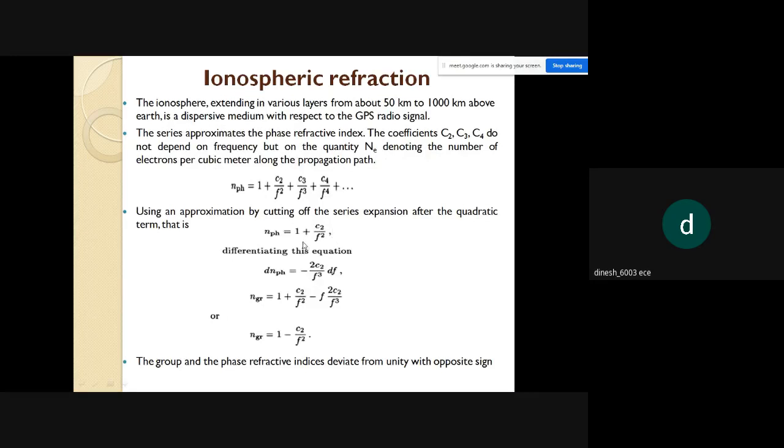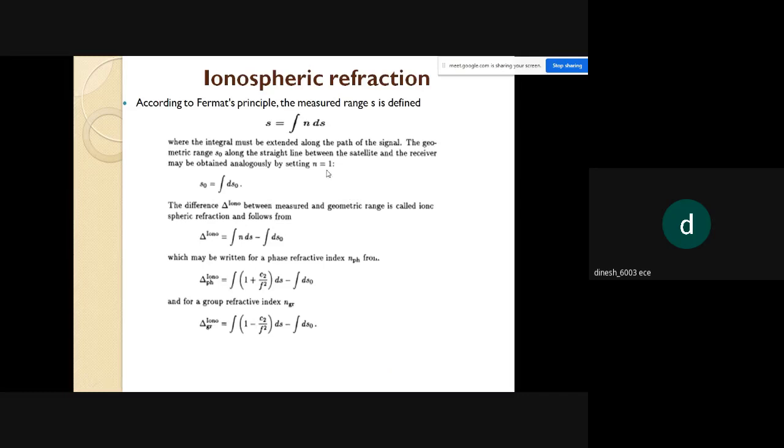For the quadratic term of the series expansion, we get integral of 1 plus c2 by f square into ds minus integral ds naught for the phase representation.